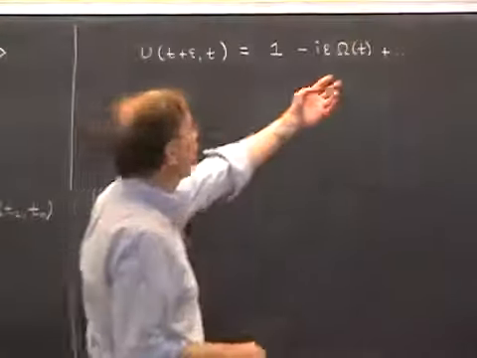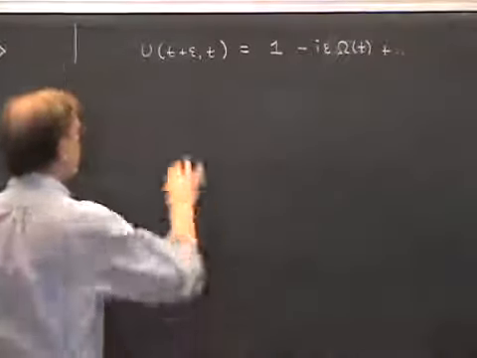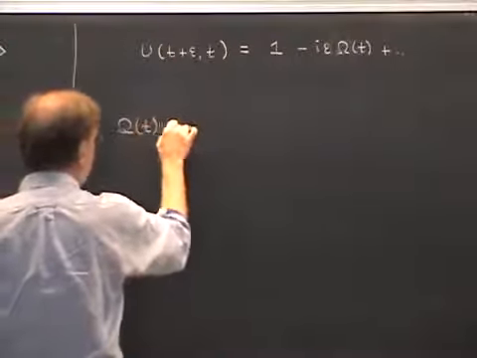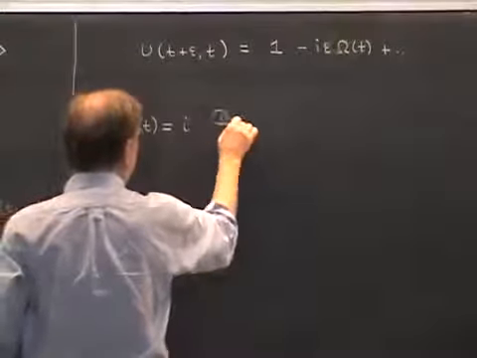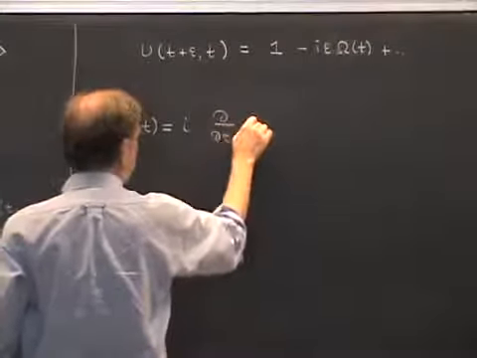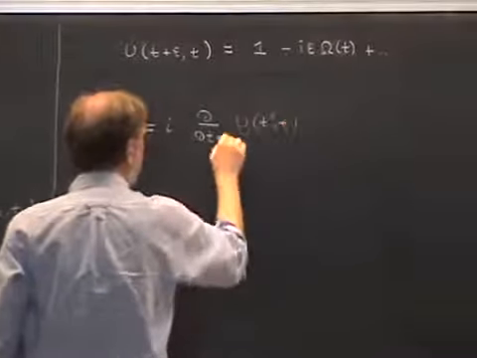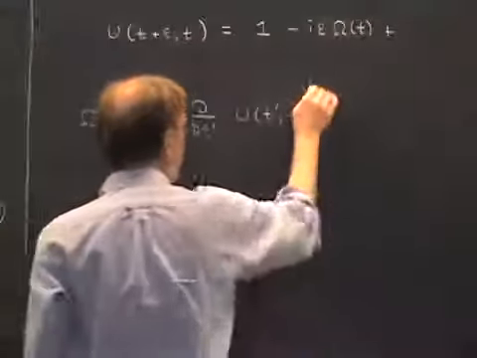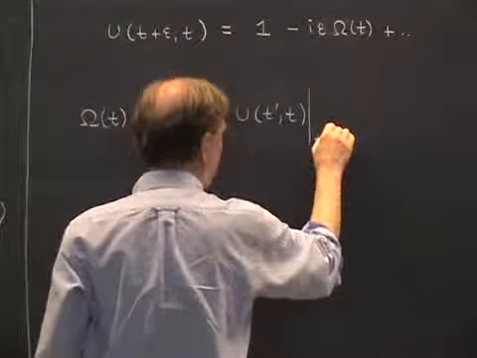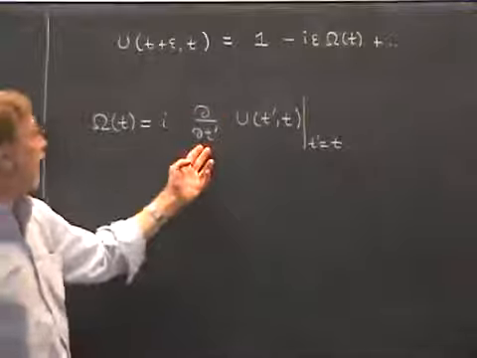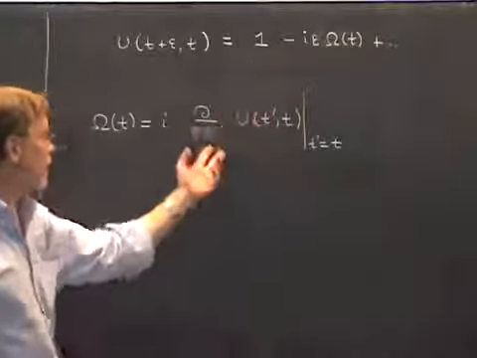But of course, by Taylor's theorem, this operator Omega is related to the derivatives of U. And in fact, Omega(t) we can see is equal to i times the partial derivative of U(t', t) with respect to t', where the derivative is evaluated at t' equals t. This is just a way of saying it's the first derivative which appears in the Taylor series.